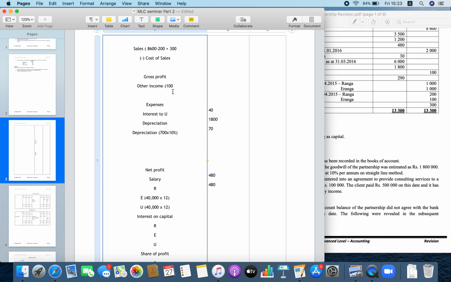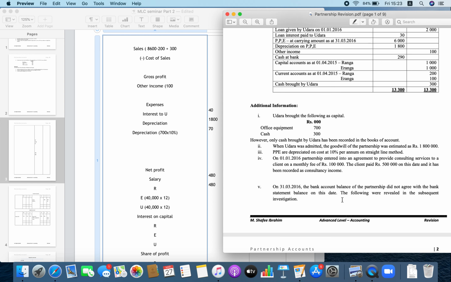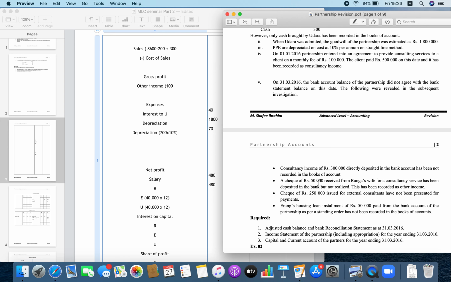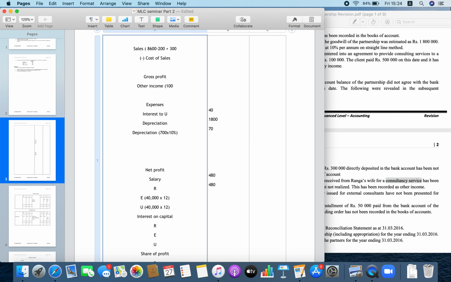So other income, they are telling it's going to be 100. But inside this 100, what they are trying to say is, we have received a check for consultancy service. So that means this 50,000 is a consultancy income. Accidentally, we have gone and marked this under other income. So what you should do, go to other income and remove this 50. This 50 is actually a consultancy income, so you go and add this to consultancy income.